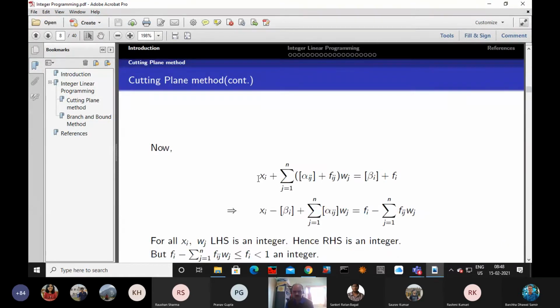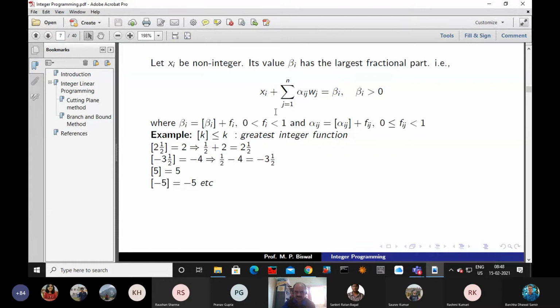Now what do we do? So we have already taken, see here, I will repeat again. xi plus summation over j varies from 1 to n alpha ij wj equal to beta i. Now, if you write beta i equal to integral part of beta i plus fi, and similarly alpha ij equal to integral part of alpha ij plus fij, you substitute.